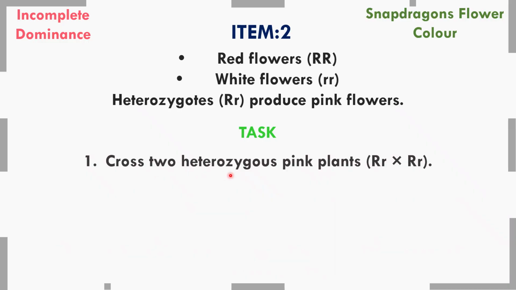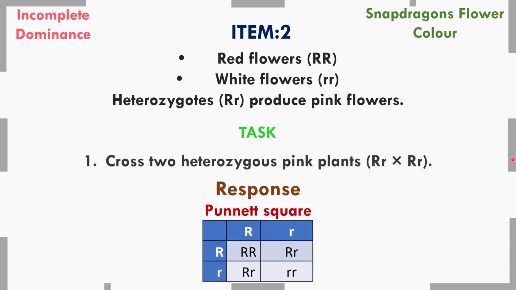Cross two heterozygous pink flowers, capital R small r crossed with capital R small r. When we cross, the gametes are capital R, small r, capital R, small r, and we get capital R capital R, capital R small r, capital R small r, small r small r.